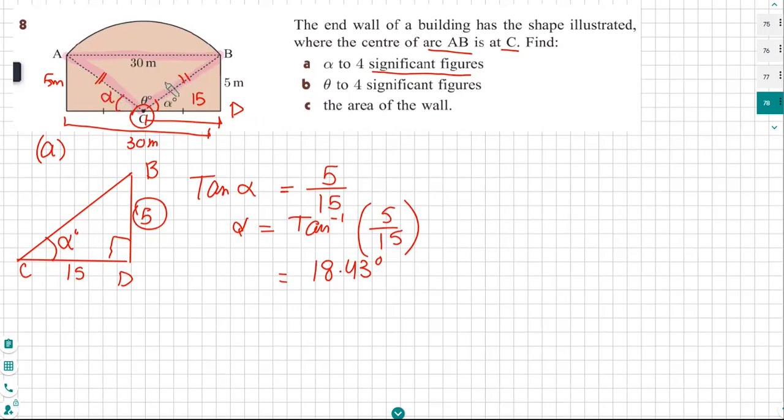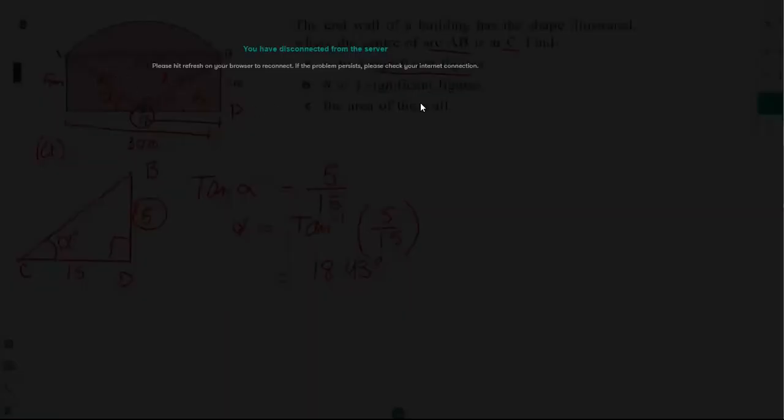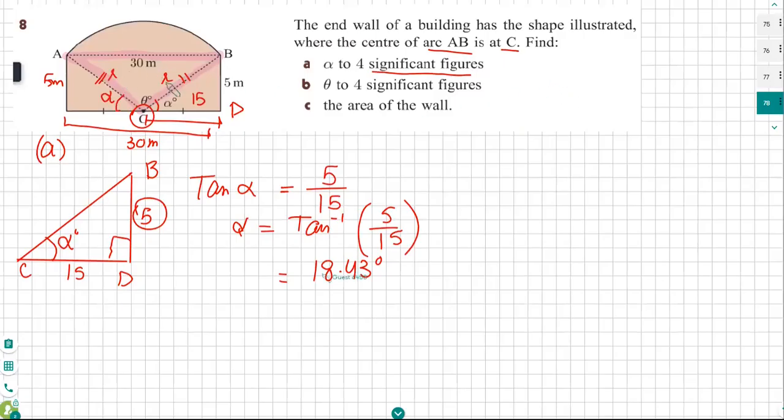Because these are radii of this sector. So if it is alpha, theta can be found by just subtracting these two alphas from 180 degrees, because this is the half rotation, right?